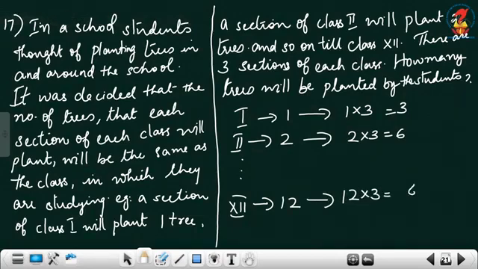So 12 into 3, 36. So the AP is 3, 6, etc., 36. What you have to find is how many trees will be planted by the students.